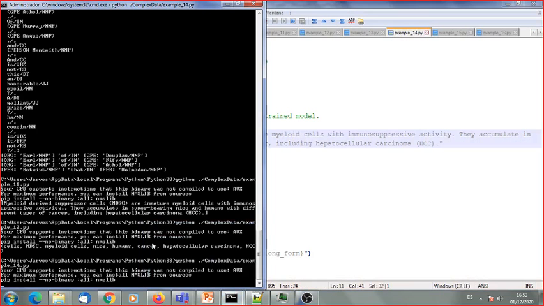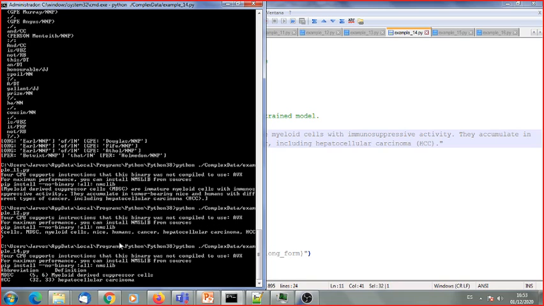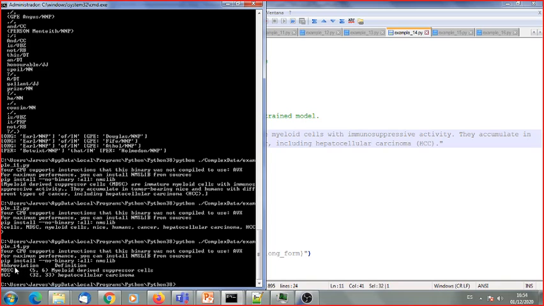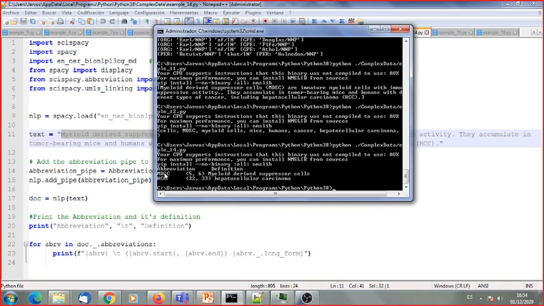So let's see what happens here. It's okay. We have our abbreviations. MDSC is related with the definition myeloid-derived suppressor cells, as expected, and HCC is related with hepatocellular carcinoma.